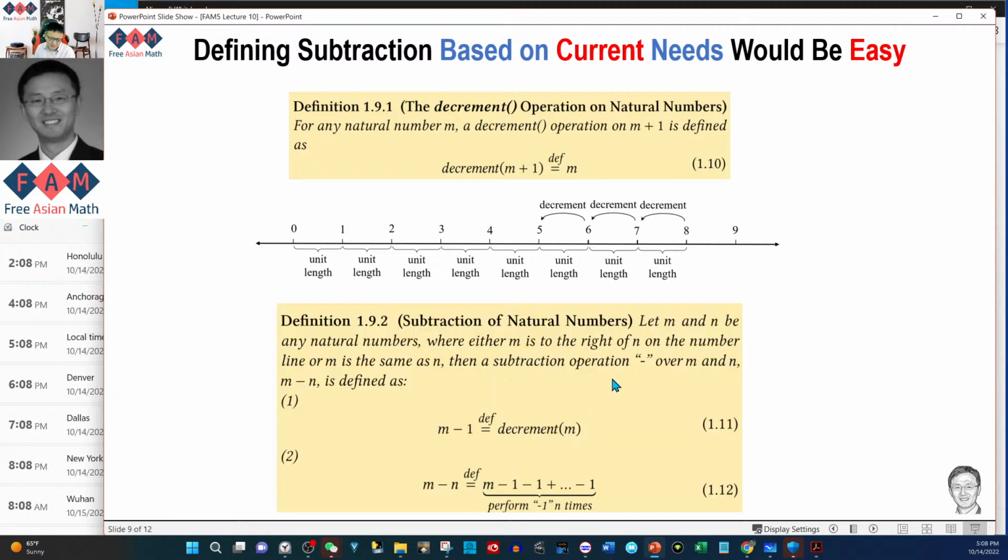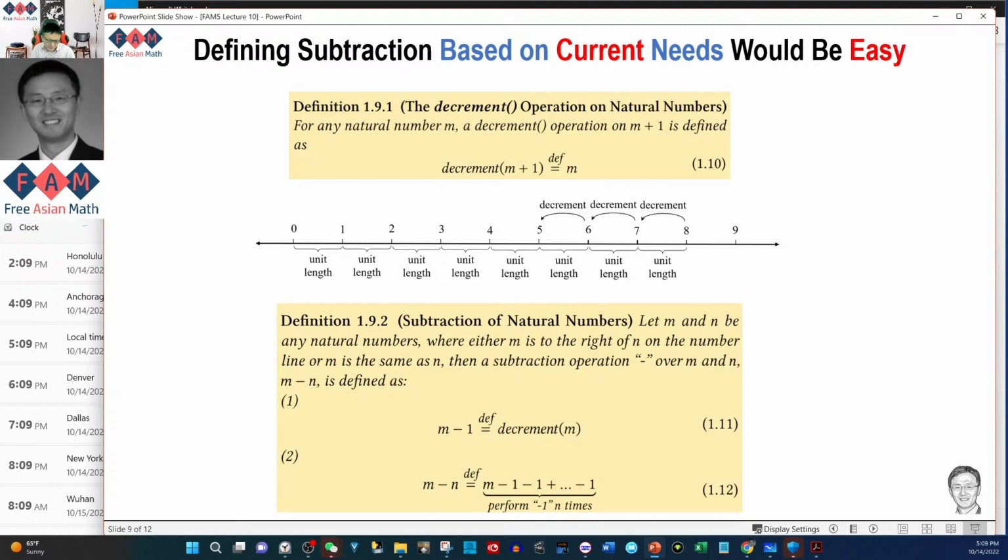And with this, subtraction of natural numbers. Let m and n be any natural numbers, except there's a constraint where either m is to the right of n on the number line, if you know what it means by bigger than or smaller than, which we have not formally, rigorously discussed yet, the concept that a number is larger than the other number.